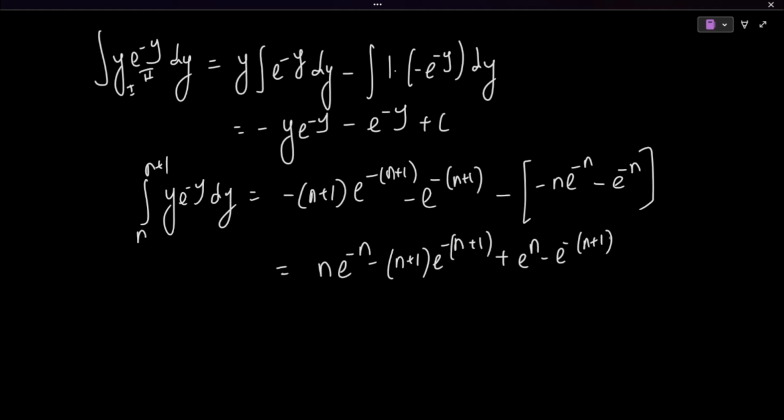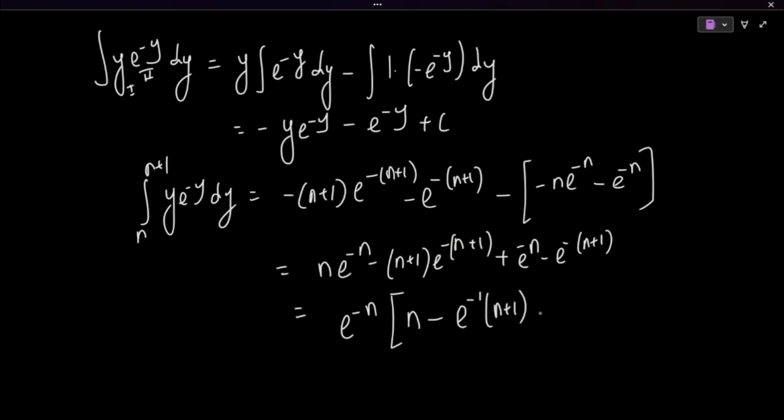And yeah, a few things can be copied down from here, obviously. Like you can copy e to the power minus n here, and you can take it common, and you find this equals n minus. So when you take this common, you get here e to the power minus 1 whole times n plus 1.